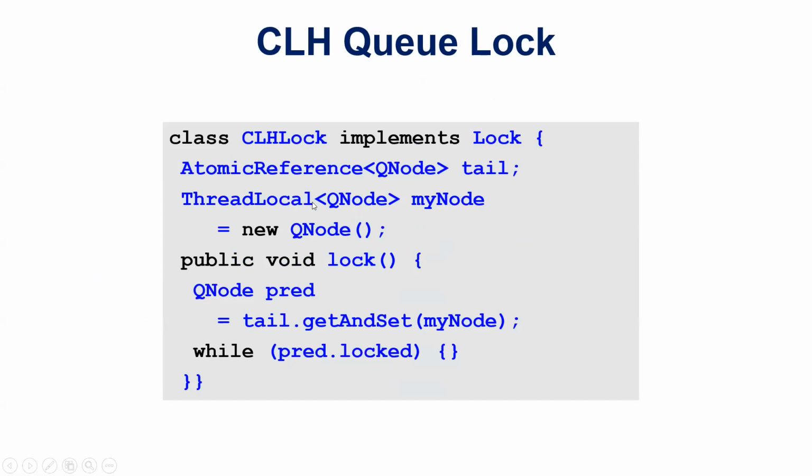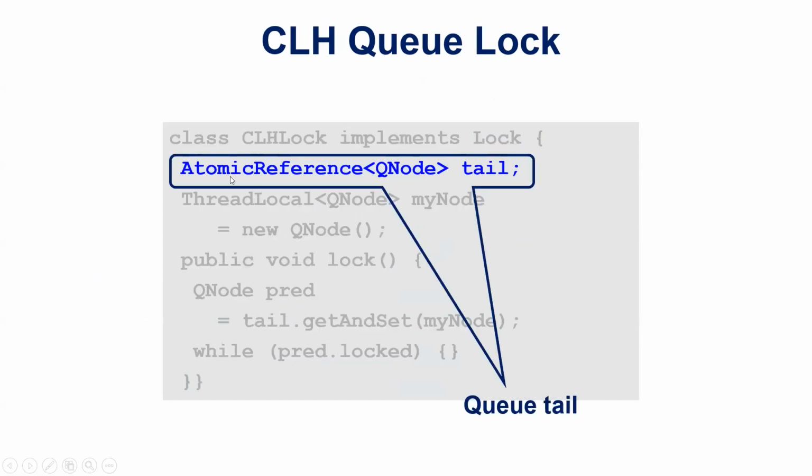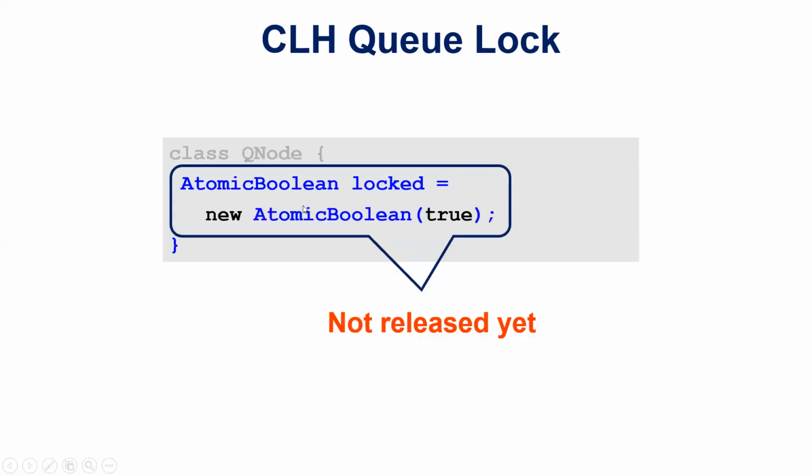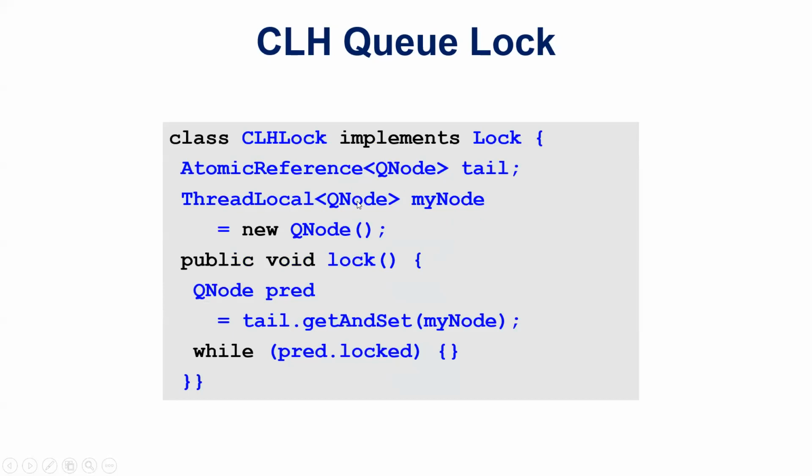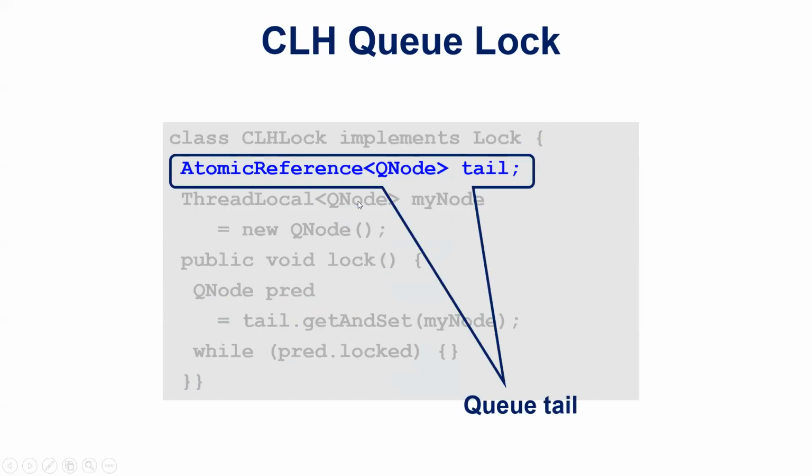Here is the code for the lock function. Initially we are using the atomic reference QNode. Here QNode points to this particular QNode, which has one field called the locked field. We are also using the atomic reference tail. What is this atomic reference?